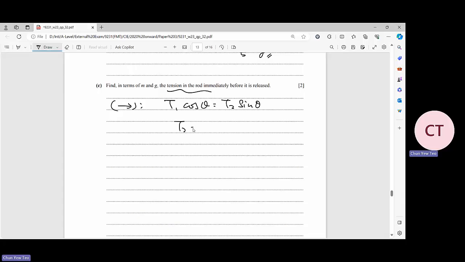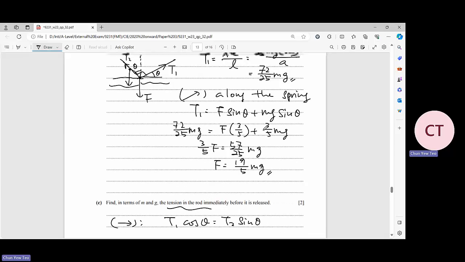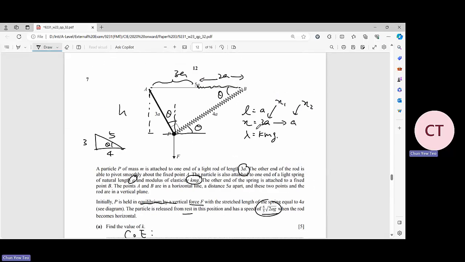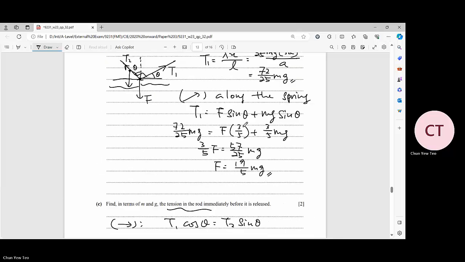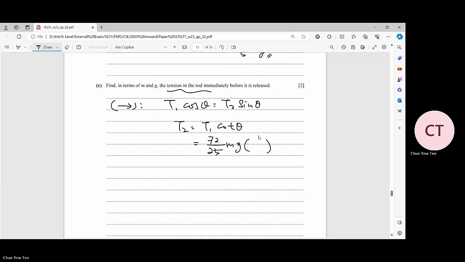So your T2 is equal to T1 cotangent theta. T1 just now was 72 over 25 mg. Cotangent theta just now in the table is 4/3. So just simplify it: 72 times 4 divided by 75, which is 96/25 mg.